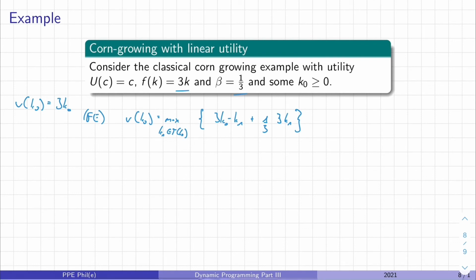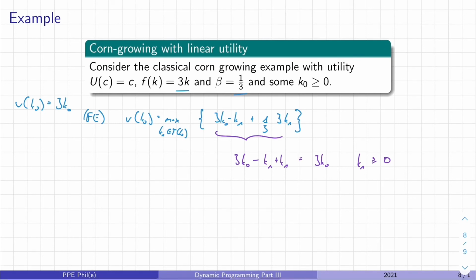And now, if we look at this, this actually becomes 3k naught minus k1 plus k1, which is the same as simply 3k naught. We see that this is independent of k1. So what k1 we choose doesn't actually matter. So any k1 greater or equal to 0 is optimal.